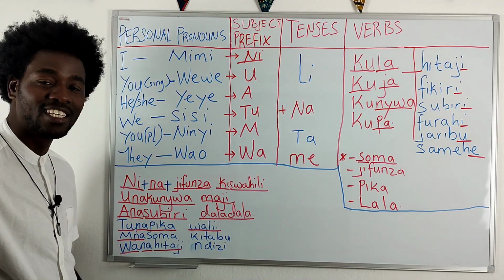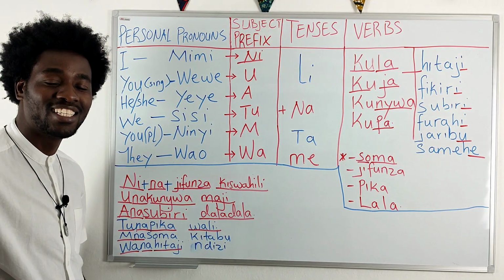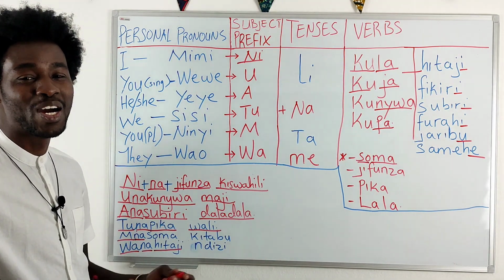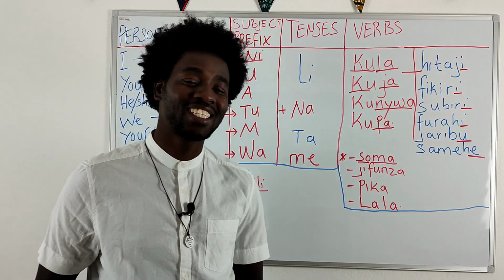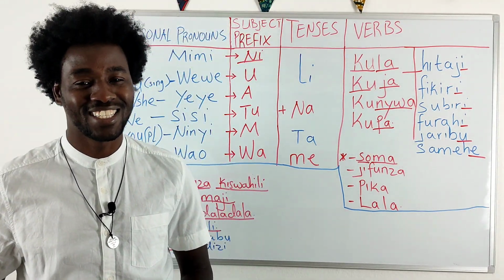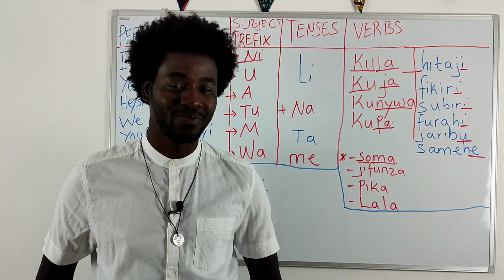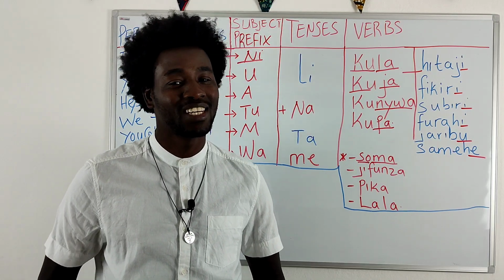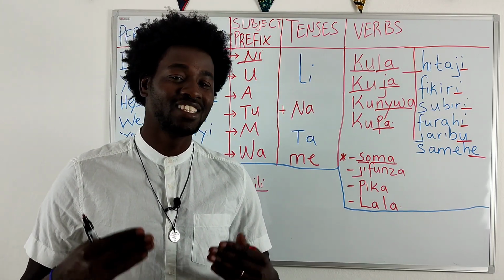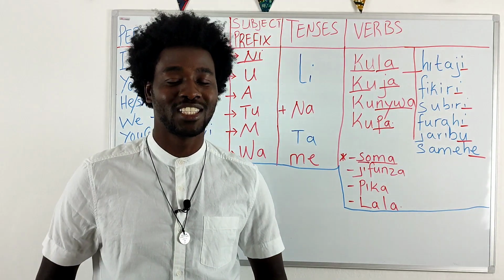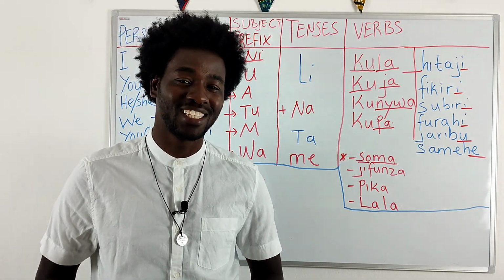Wanahitaji ndizi. They need bananas. So this is how Swahili sentences are constructed. Use the subject prefix, use tense, and then the verb, then you will get a meaningful sentence in Swahili.